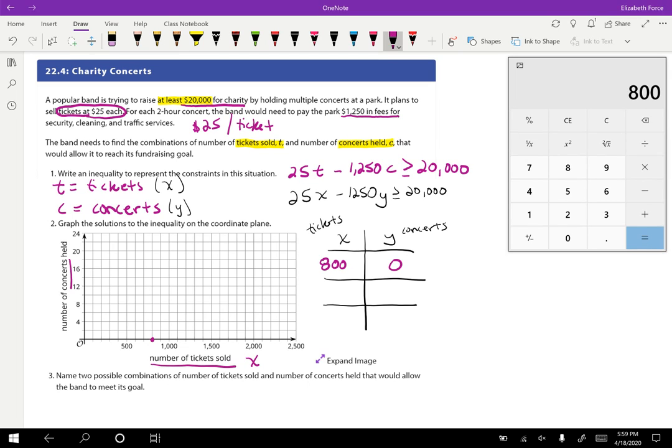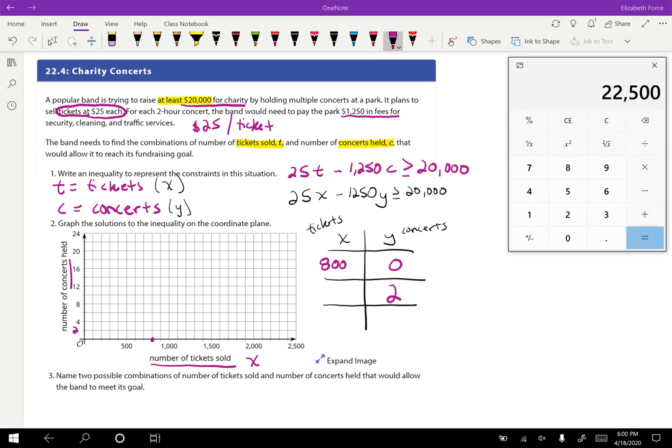And let's go ahead and notice that they're counting the y's by 2. So let's say I hold 2 concerts. Well, if I hold 2 concerts and it costs me $1,250 each, that's $2,500 that I'm going to owe somebody. So I need to make enough money to pay them. Plus, I also want to get at least $20,000 as my goal.